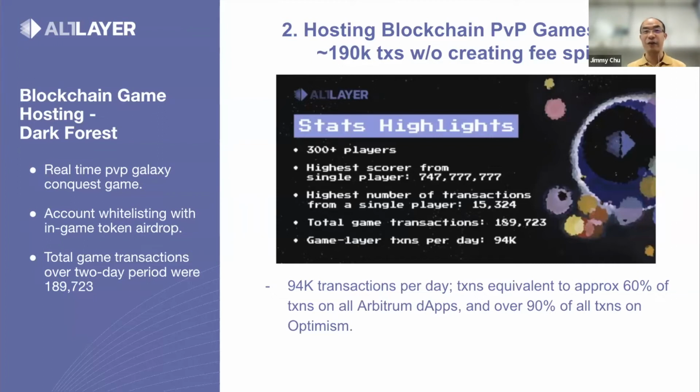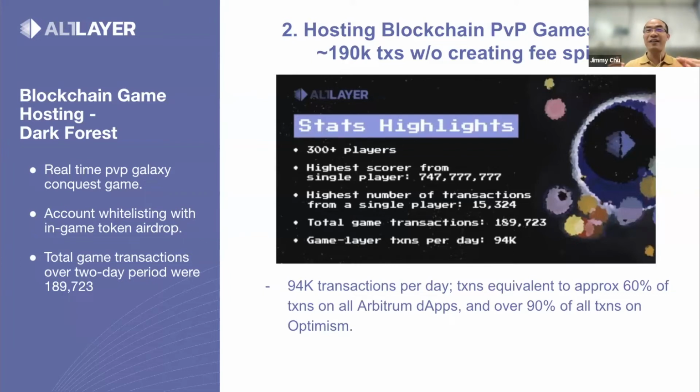And that kind of transaction throughput is approximately 60% of the transaction throughput of all the Arbitrum dApps, and 90% of the transactions of Optimism.